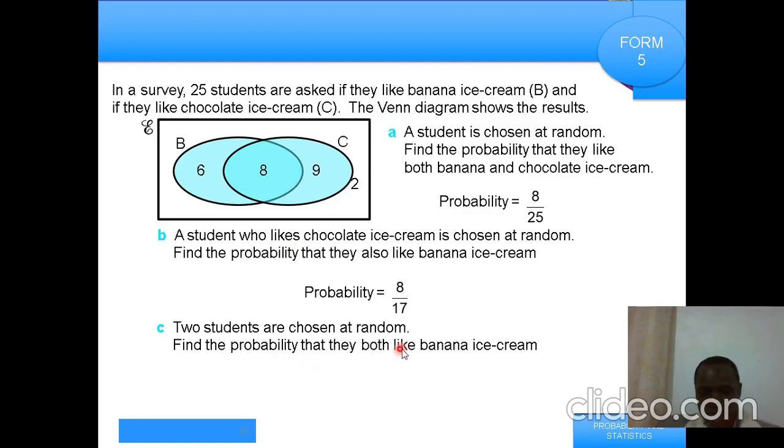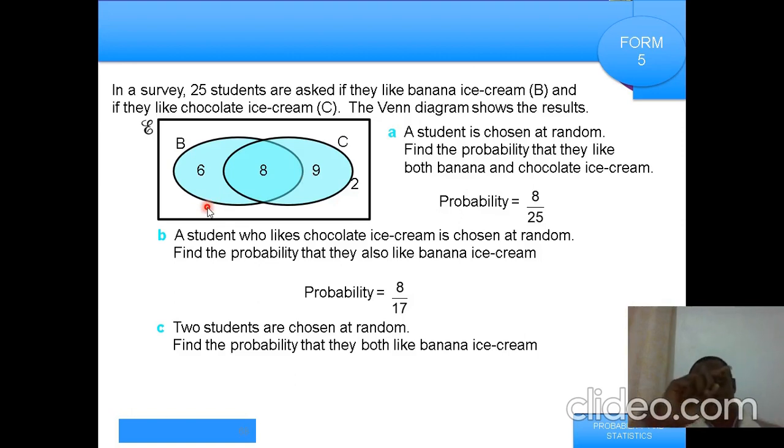So 2 students are chosen at random. Find the probability that they both like banana ice cream. So the first time we pick, it will be 14 out of 25. The second time we pick, it will be 13 out of 24 because we'll be picking these students from here. Now we are looking at the probability of both liking banana ice cream.